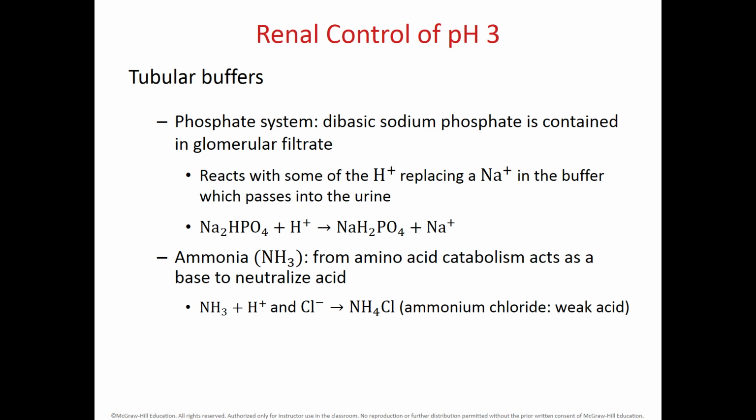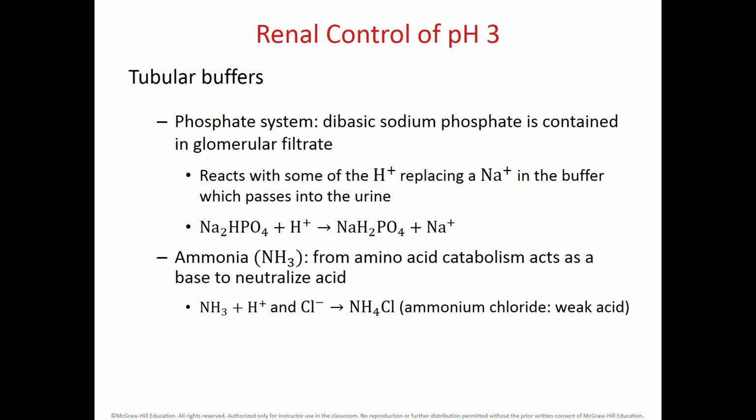Now, the tubular buffers will be what we call the phosphate system, which is nothing else but phosphate groups that in this case will bind to hydrogen ions, and then you will acidify your urine more. Also, you have ammonium, which is going to do the opposite.